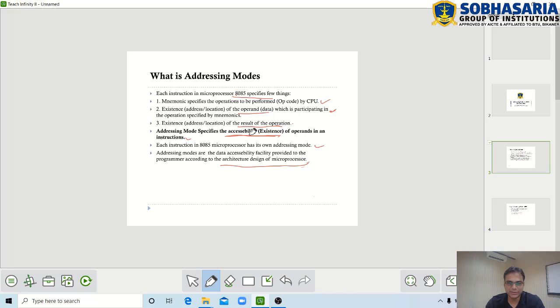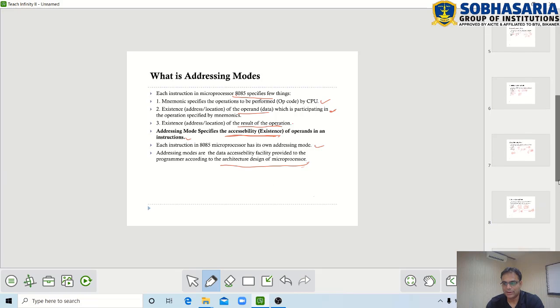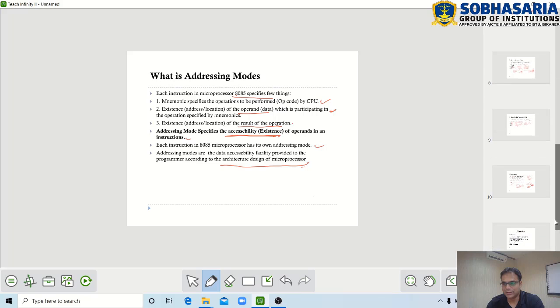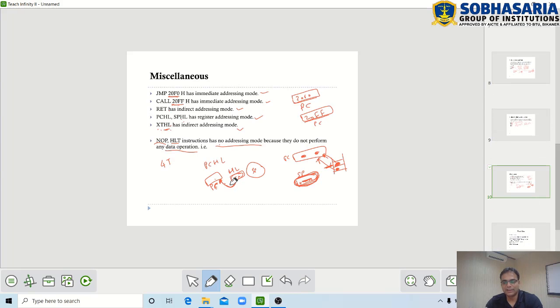Addressing mode specifies the accessibility of the operand in a particular instruction. So this is how you can identify the addressing modes of various instructions, right? I hope you will not feel any difficulty now to identify the addressing mode of any instruction.